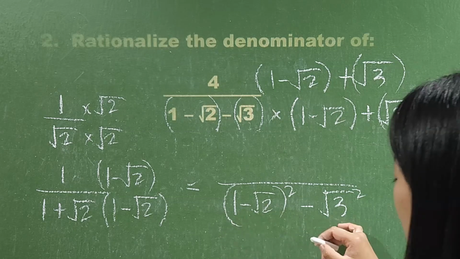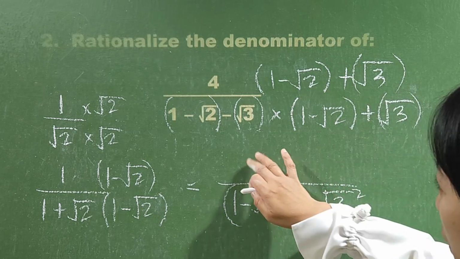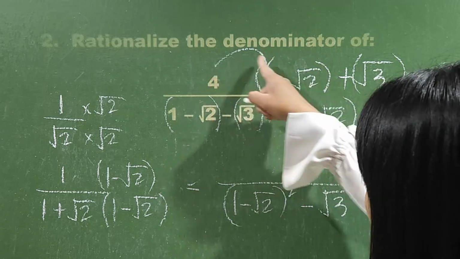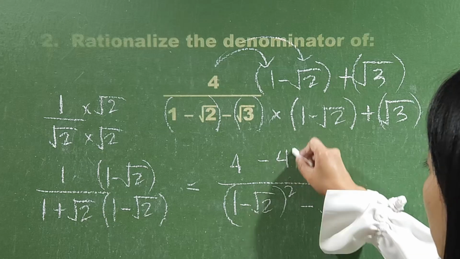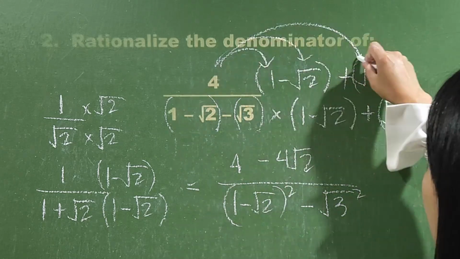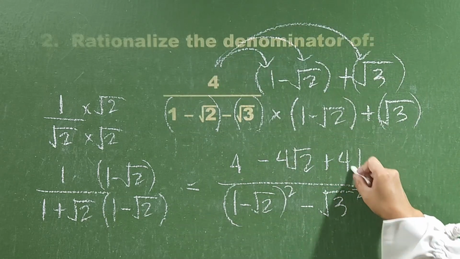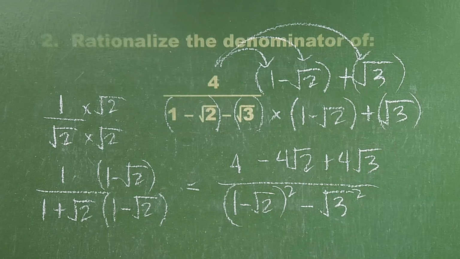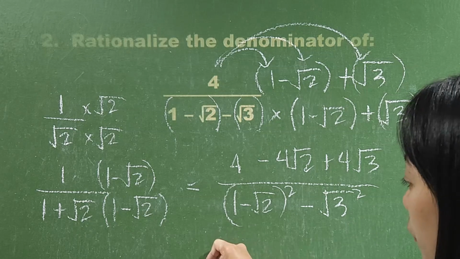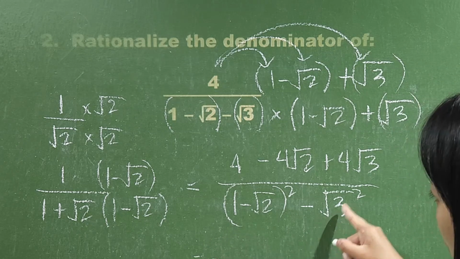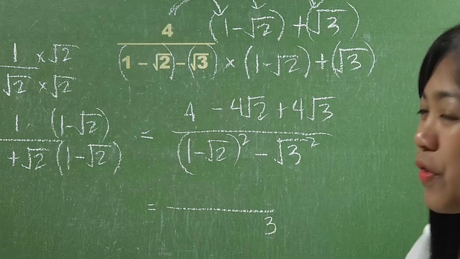This is for our denominator. What about our numerator? If we distribute this, 4 minus 4 square root of 2, plus 4 square root of 3.